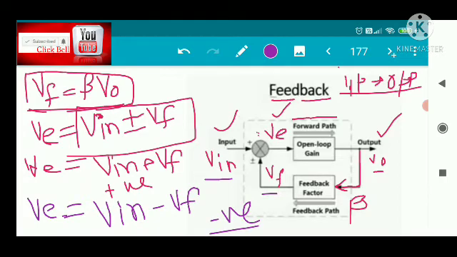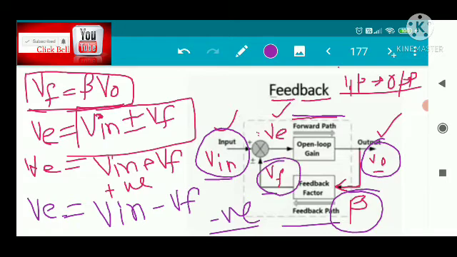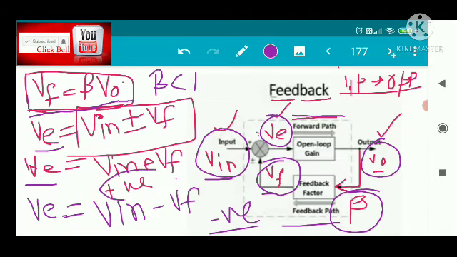Again repeating, this is the input signal, this is the output signal, this is the forward path, this is the feedback path, this is the feedback factor, this is the feedback voltage, this is the error voltage. The feedback voltage is a portion of the output voltage, that's why beta V0, and beta is less than 1. If V is represented by V in plus VF, it is called positive feedback. If V is represented by V in minus VF, it is called negative feedback. So this is all about the definition.